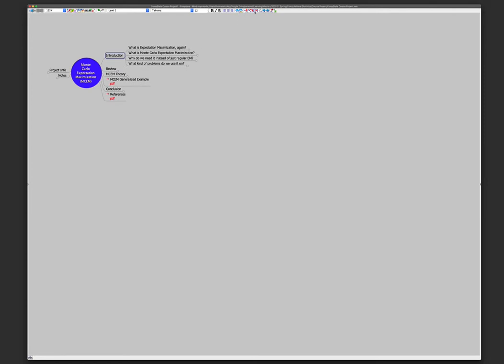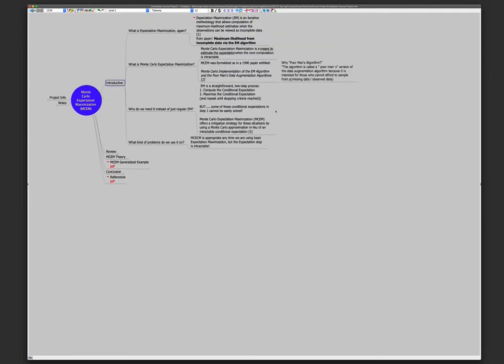So what again is Monte Carlo expectation maximization? Going back to the seminal paper, it is a mechanism that allows us to compute maximum likelihood estimates when we have incomplete data. And what's the MC on the front of it?